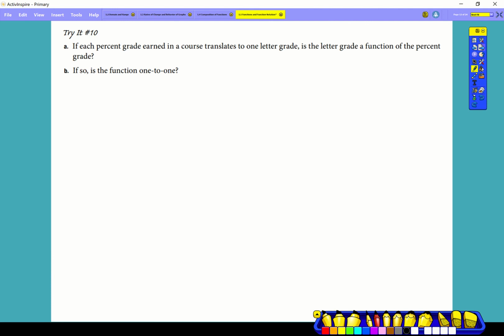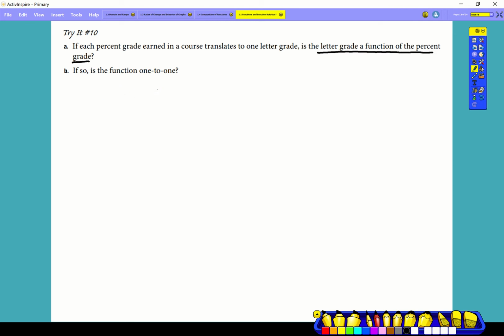If each percent grade earned in a course translates to one letter grade, is the letter grade a function of the percent grade?